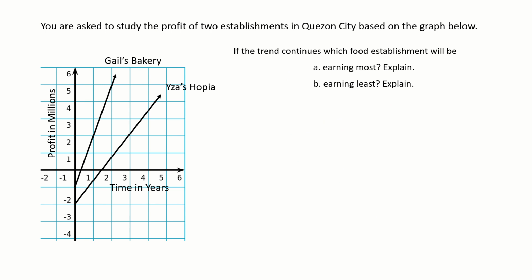Okay. Sixth question. If the trend continues, which food establishment will be earning the most and earning the least? So let's start with the food establishment that will earn the most. What will be your basis for this one?